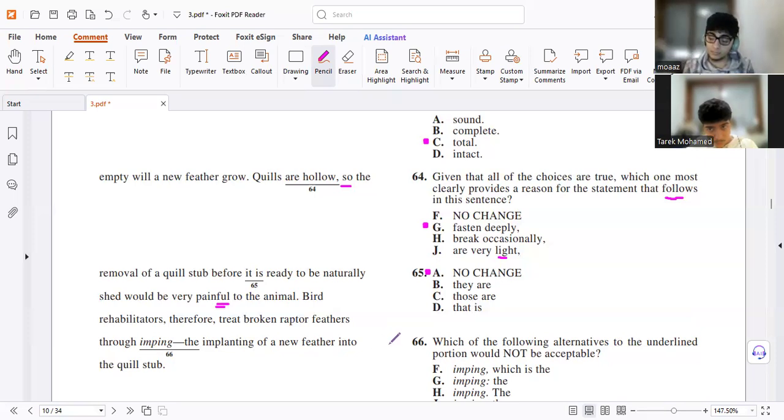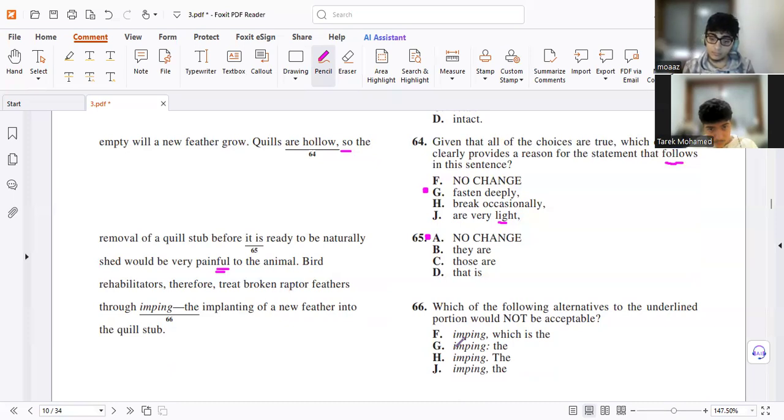Talking about the quill, why not? Right. For 66, I put G. G. Why not H?